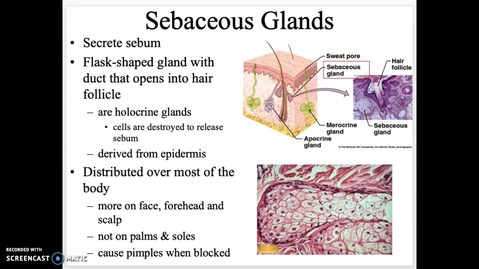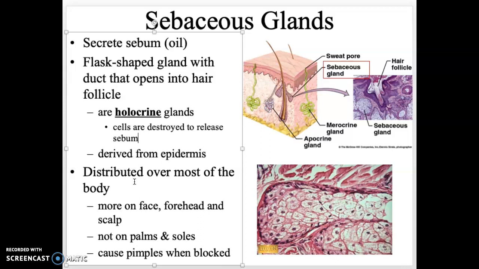Sebaceous glands are cleverly named because they secrete something called sebum, which is basically oil. These are holocrine glands, and if you remember, holocrine glands destroy themselves in order to secrete their contents.